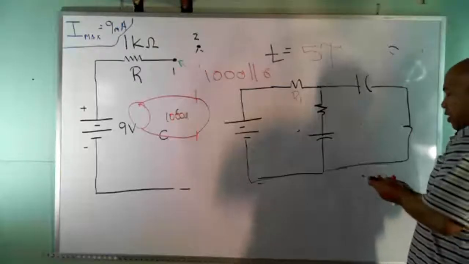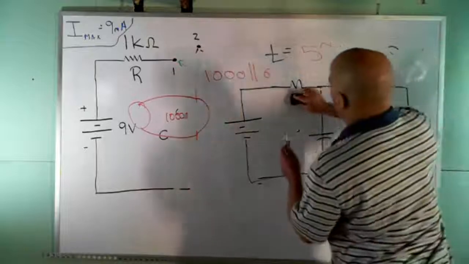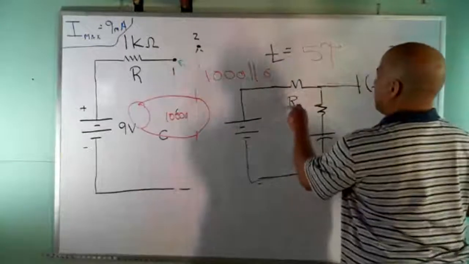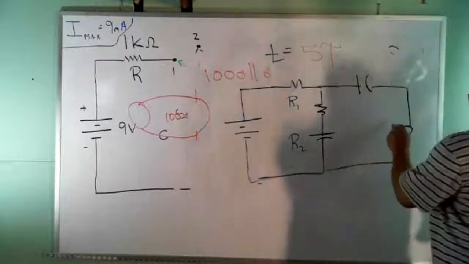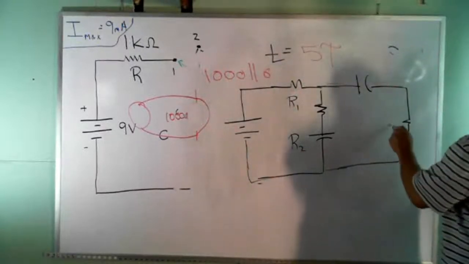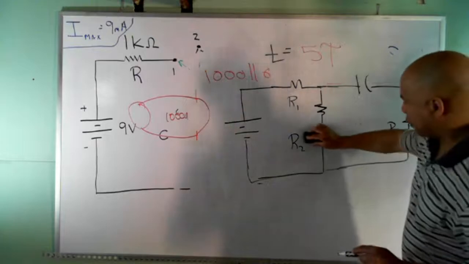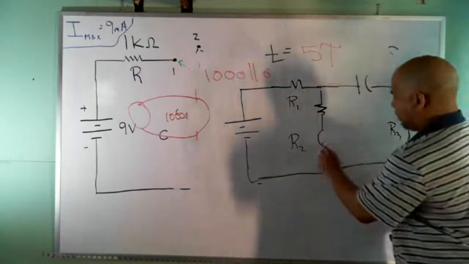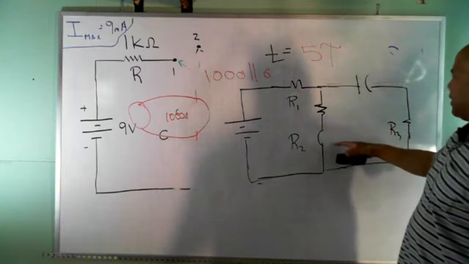At T equals 0, let me label these so you can see, so this is R1. I think this is the one you're talking about, R2. And this is actually a resistor, R3. So at T equals 0, then this is a short. So, yeah, that's in the circuit.